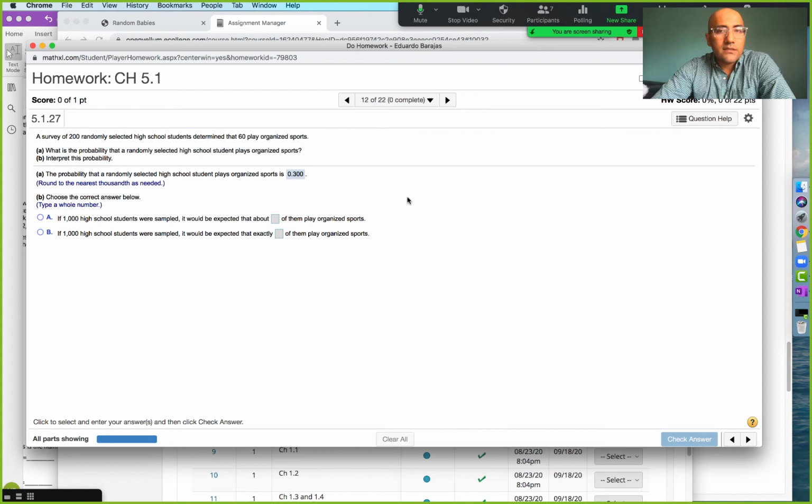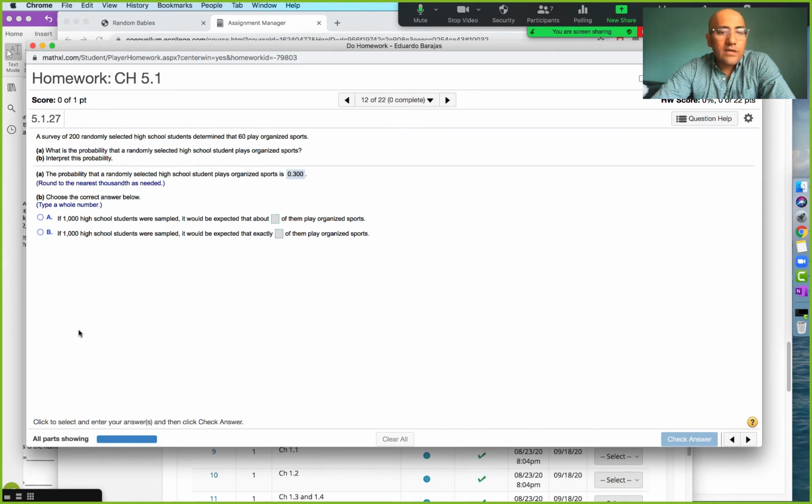Those two sentences are equivalent. Saying that there's a 30% chance that one randomly selected high school student plays organized sports is the same thing as saying that we think about 30% of all the students at this school play organized sports.